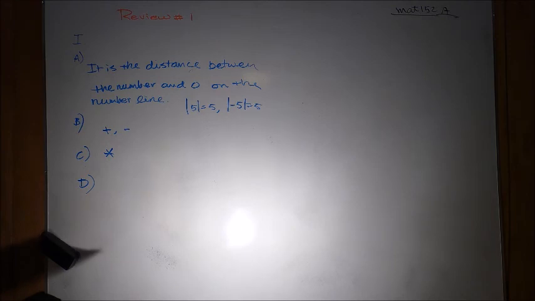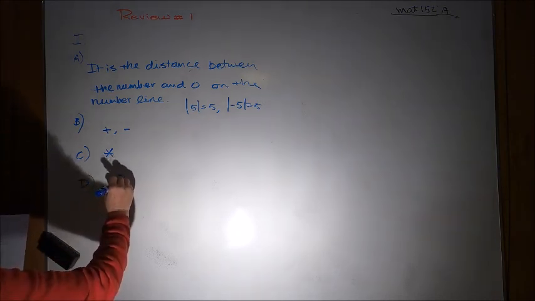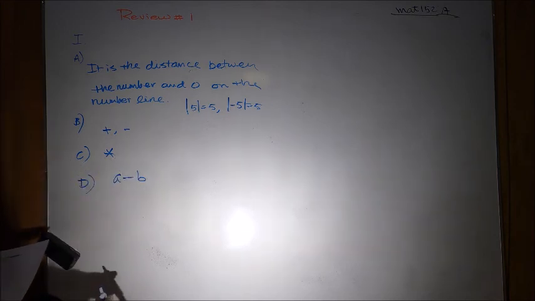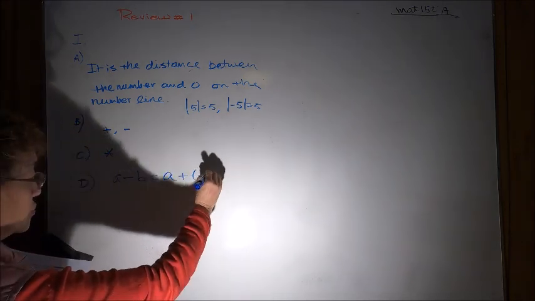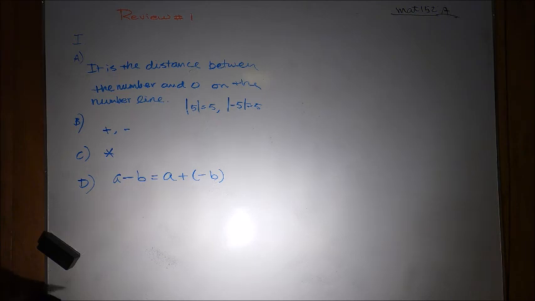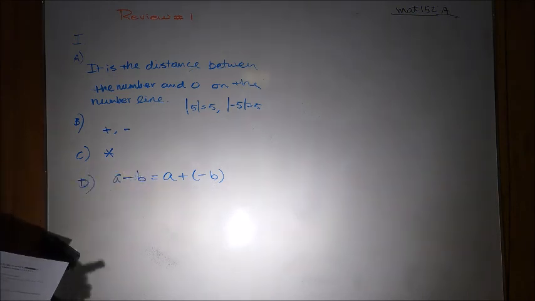Problem D, write a rule for subtracting two numbers. Don't worry about the rules, okay? But you need to apply it. If we are doing subtracting, it means the same thing as when you add two numbers, where the sign goes with the number behind it.